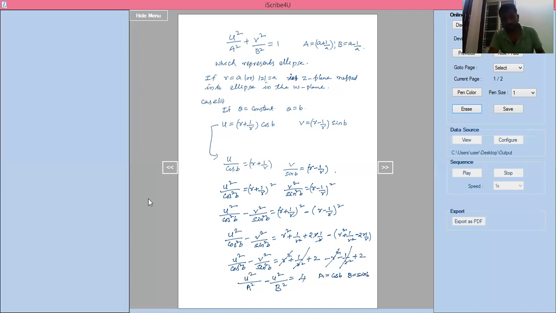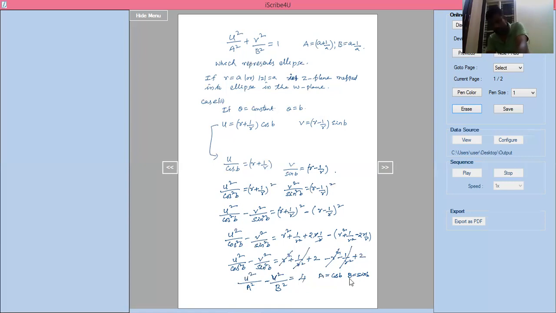What does it represent? Sorry, here this is v square, I had written u square. So v square divided by B square equal to 4. This is a constant. A equal to cos b, B equal to sin b.